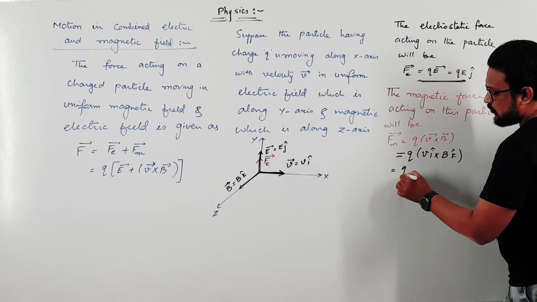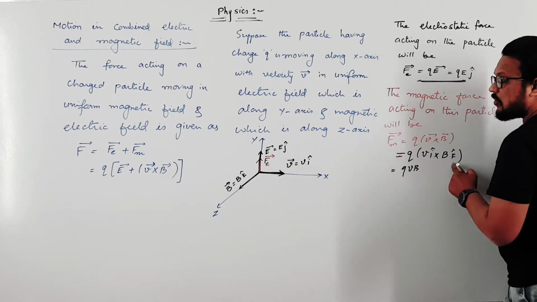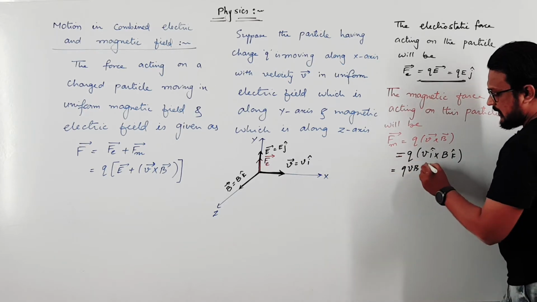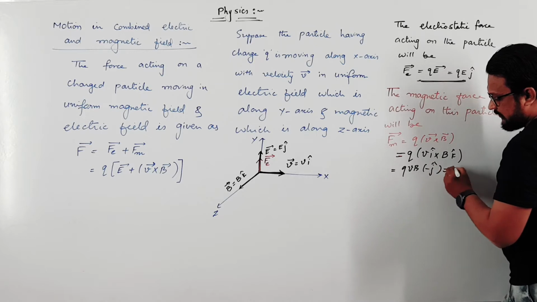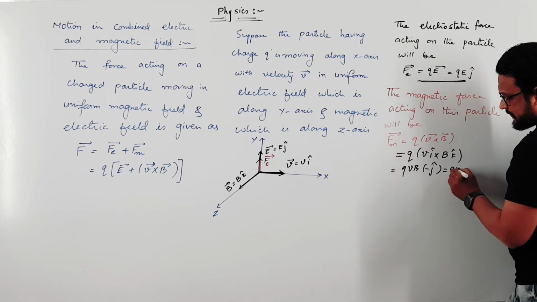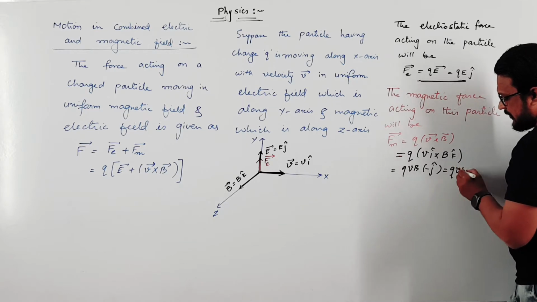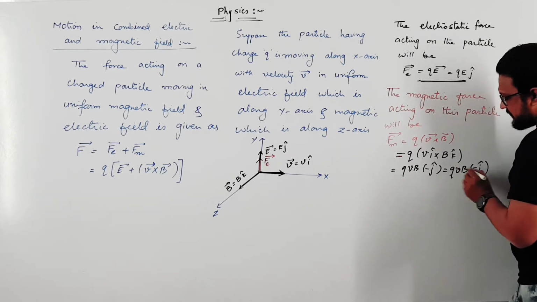So this is QVB, i cross k. I cross k, by the anti-clockwise rule, will be minus j. So this will be equal to minus QVB, or QVB in the direction of minus j cap.